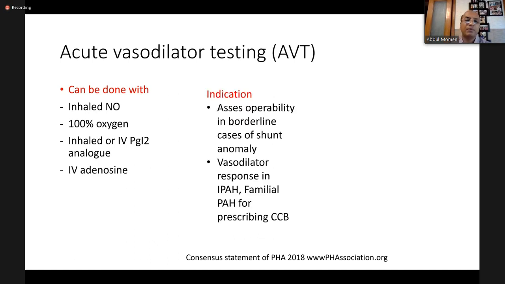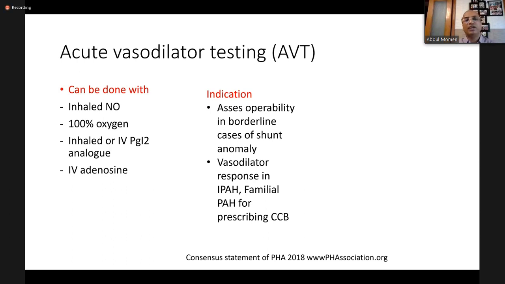Indication: assess operability in borderline cases of shunt anomaly, and vasodilator response in idiopathic pulmonary hypertension and familial pulmonary hypertension for prescribing calcium channel blockers. So these are all the same.